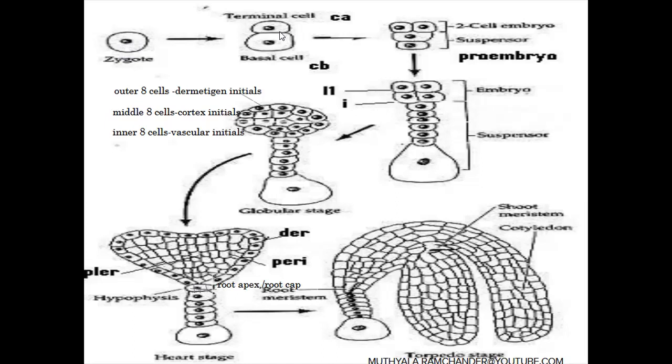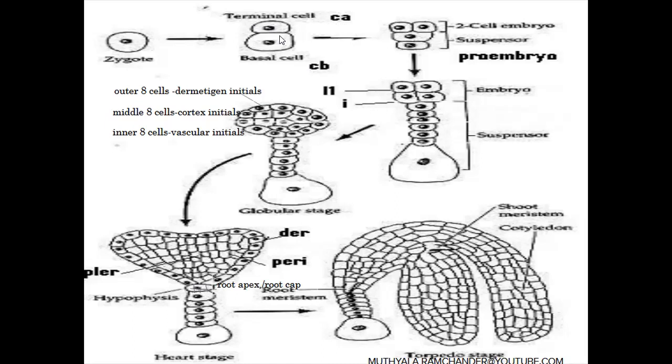By this division, two diploid cells are formed. One cell towards the micropylar region is called the CB cell or basal cell. One cell towards the chalazal region is called the terminal cell, also called the CA cell.